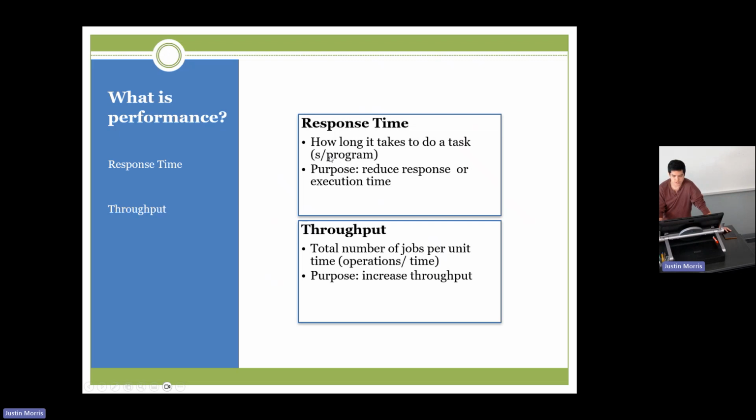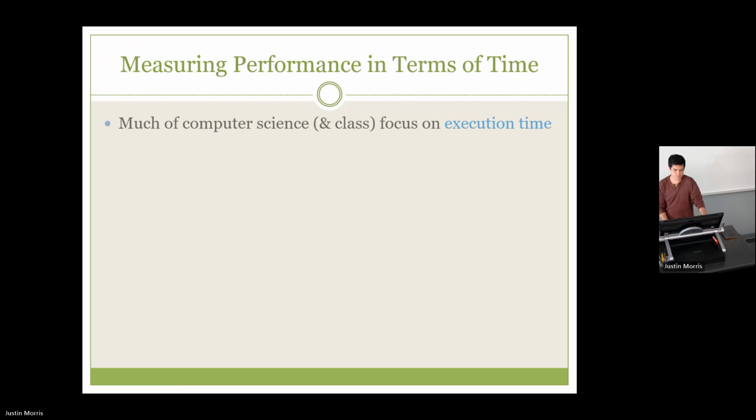Response time is just how long it takes to do the task. But throughput is how many things you did in that amount of time. Right? So we are going to distinguish those two things in the course.